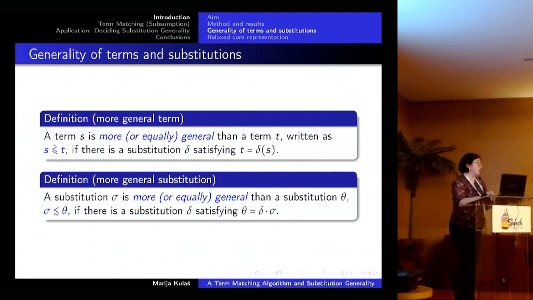And now a bit of terminology. Generality of terms and generality of substitutions I've put on one slide to show the similarities and how far they actually go.